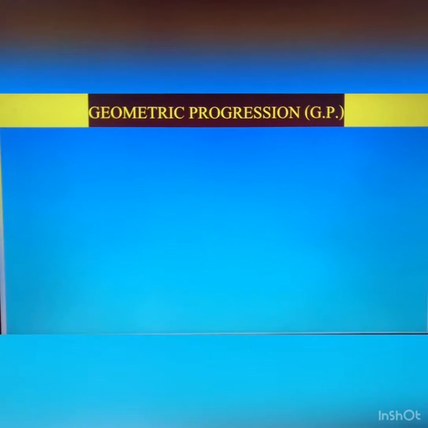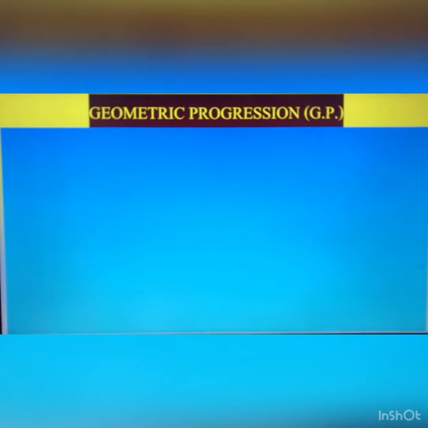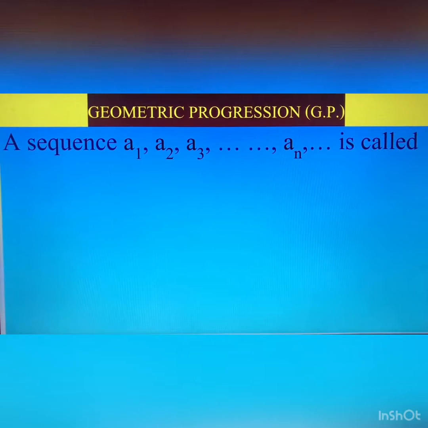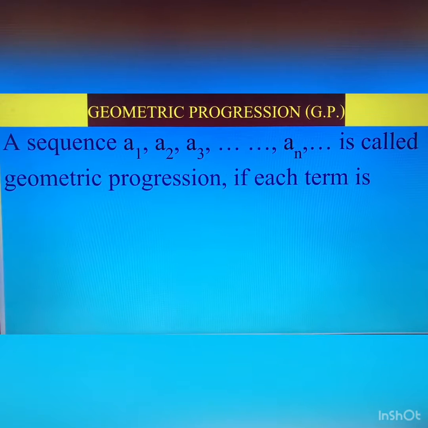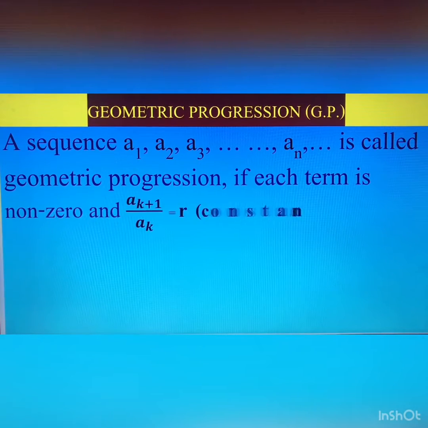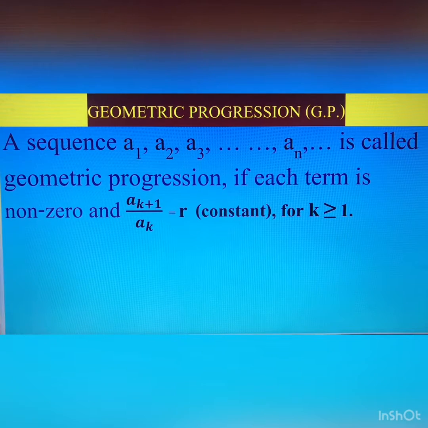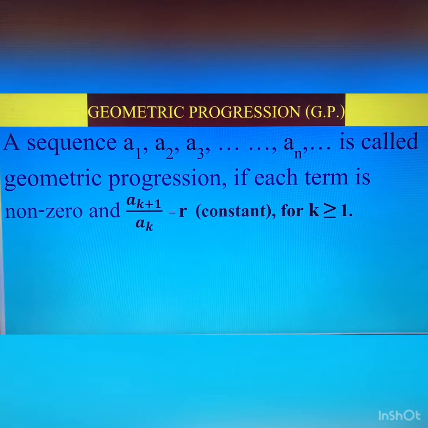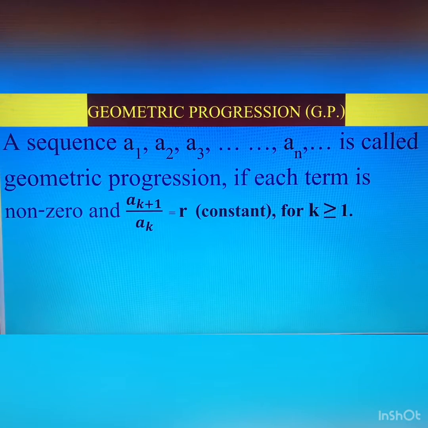After that, geometrical progression, abbreviated as GP. In short form, it is written as GP. What do you mean by geometric progression? A sequence a1, a2, a3, ..., an and so on is called a geometric progression if each term is non-zero and a_(k+1) divided by a_k equals r, where r is a constant for k greater than or equal to 1.